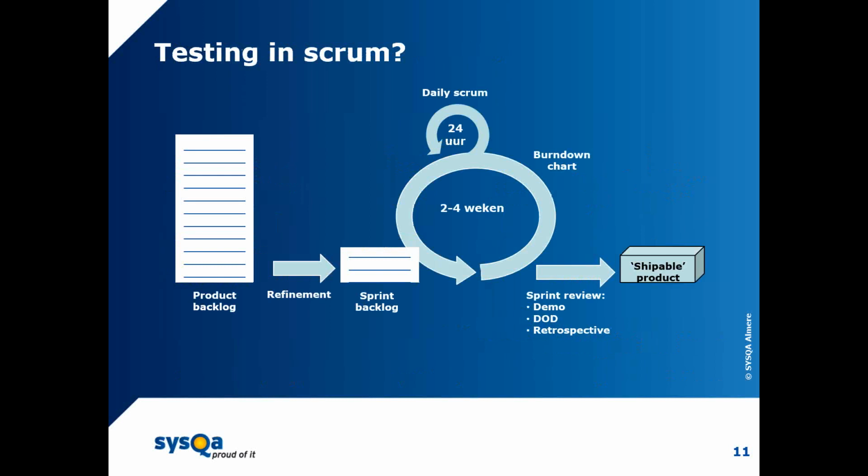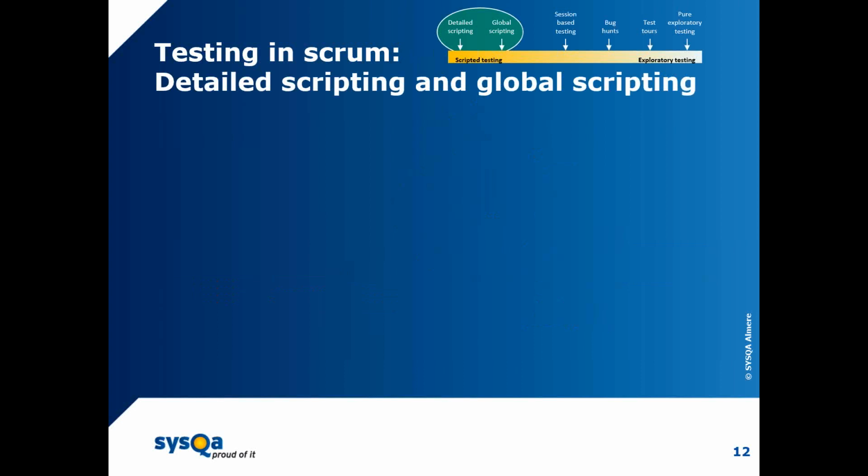But how do we apply these different ways of testing in Scrum? Well, I guess everybody is familiar with this picture in which you can see the different activities of Scrum. So I'm not going to tell you very much about this, but I'm going to ask the question: how do we apply detailed scripting and global scripting in Scrum? There are people who say you cannot apply detailed scripting in Scrum. I don't agree with that.